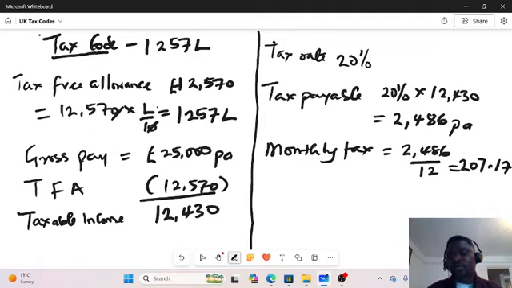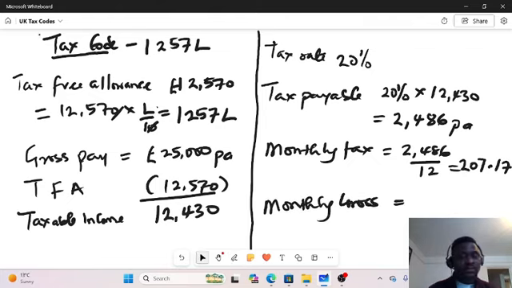That is 207.17. So in your payslip, on a monthly basis, your monthly gross is the 25,000 divided by 12, which is 2,083.